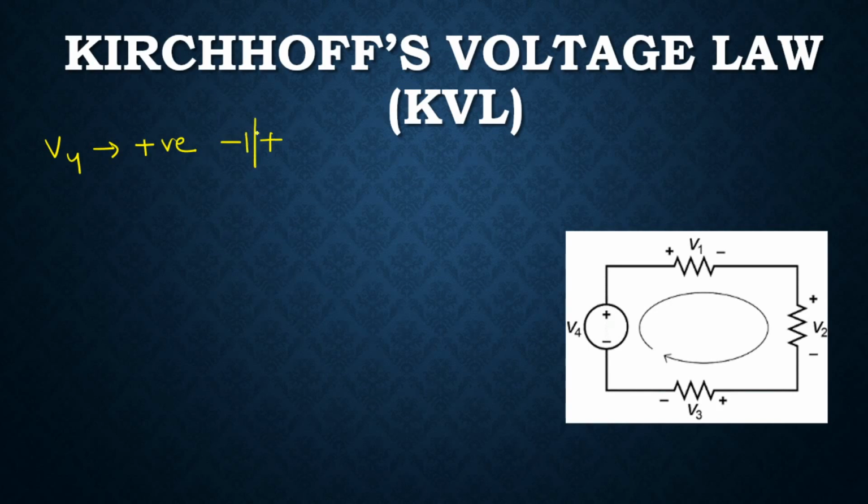If the battery is like this and you are going to have a loop like this, then it will be positive. If you have a battery and you are moving from the positive end to the negative end, then this will be negative and this one will be positive. So you can differentiate how a voltage source is taken as positive or negative.